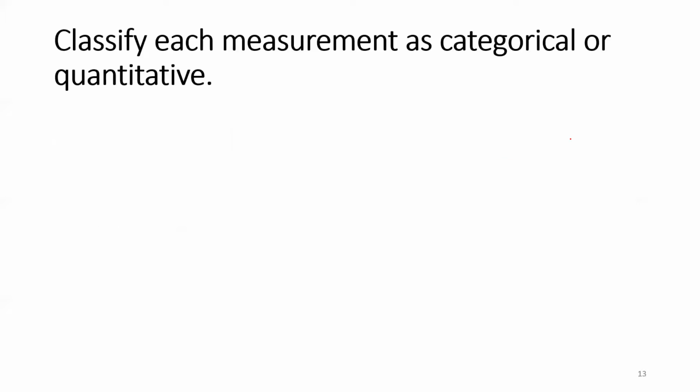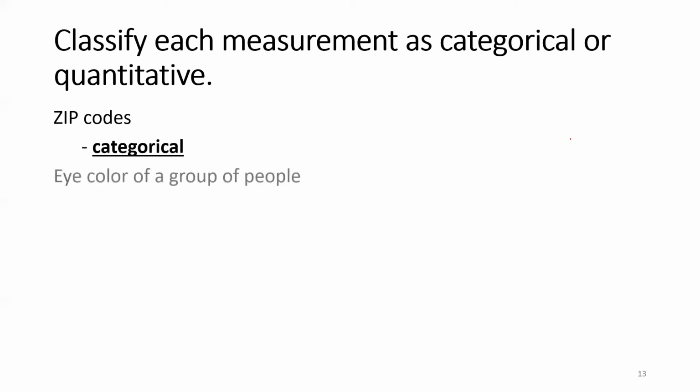Let's try to classify each measurement as categorical or quantitative. Zip codes, even though these are numbers, they don't tell you how large anything is or how much it weighs or how old something is. They're just zip codes, and they're categorical. The eye color of a group of people tells you a lot about various folks, but nothing quantitative, so this would be categorical.